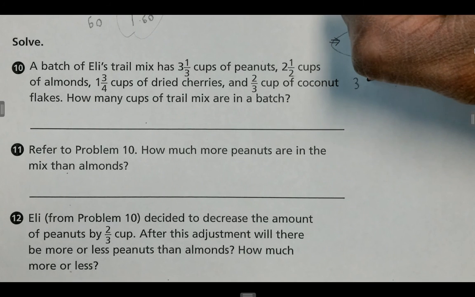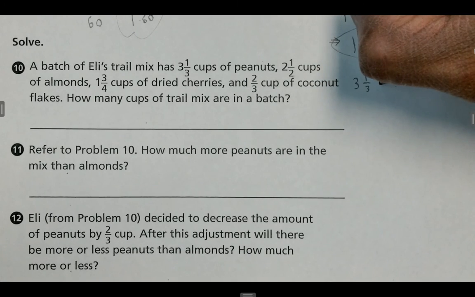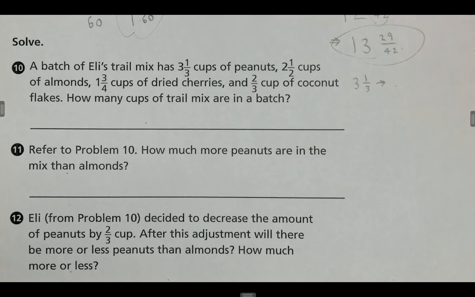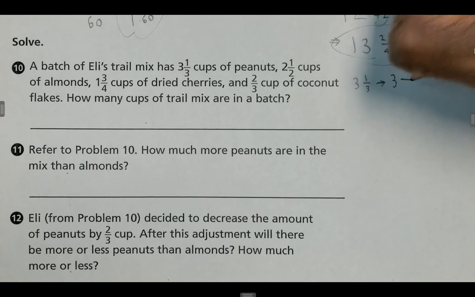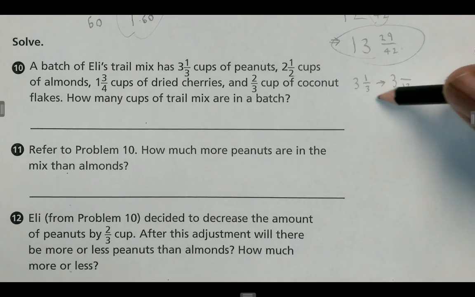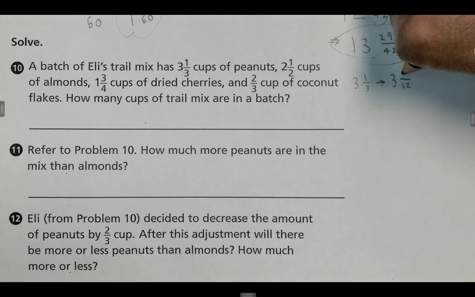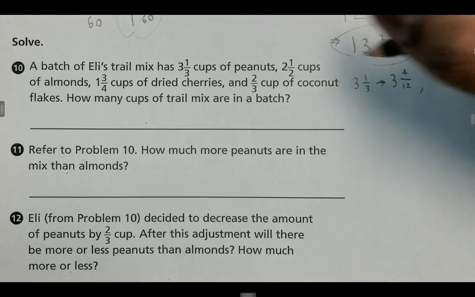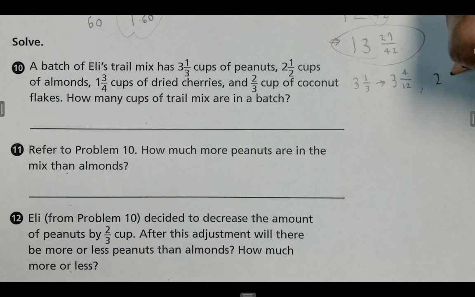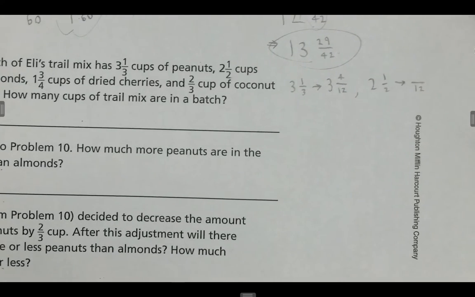So let's start with the peanuts. 3 1/3 becomes what we do to the bottom, we do to the top. If we're trying to get a denominator of 12, we'll multiply the bottom by 4 and the top by 4. Okay, let's go to the almonds next. 2 1/2. What we do to the bottom, multiply by 6, we do to the top.